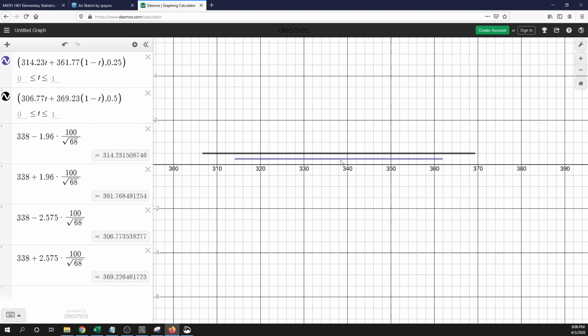There's less possibilities now, and although we're only 95% sure that the population mean lies in the purple interval here. Okay, so that illustrates the trade-off between confidence level and accuracy.